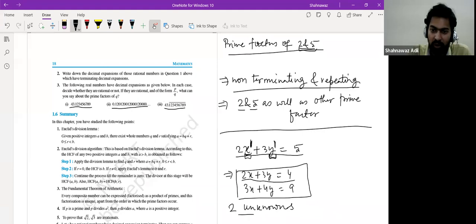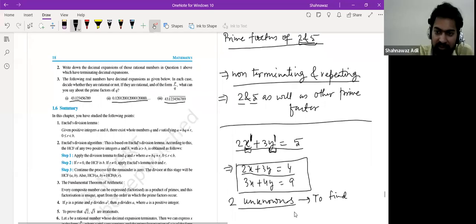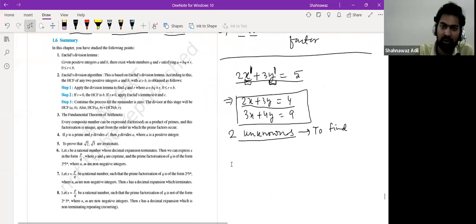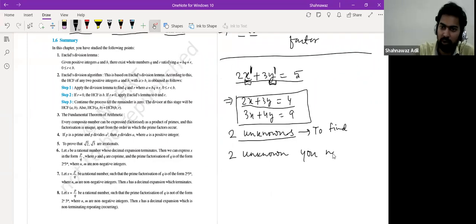So to find two unknowns, you need two equations, right?